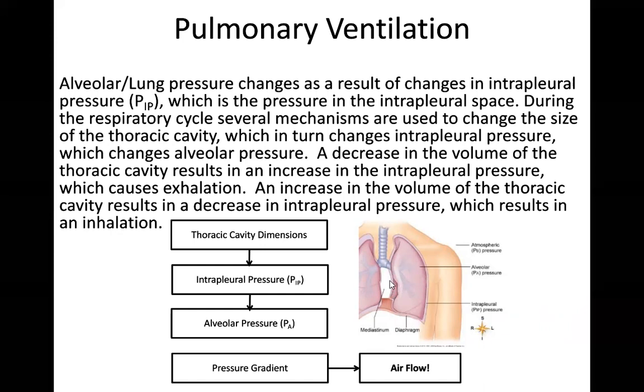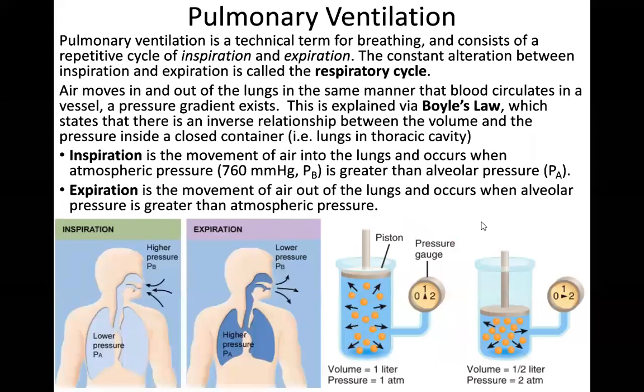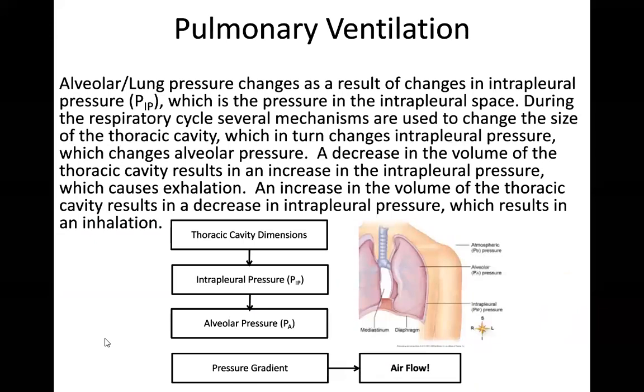So when your diaphragm contracts, you're essentially expanding and increasing the volume of your lungs. And as I just said, if volume goes up, pressure goes down. Inverse relationship. So pressure in the lungs decreases because of changes in that intrapleural pressure. Pressure in the intrapleural space. During our respiratory cycle, several mechanisms are used to change the size of the thoracic cavity, which in turn changes the intrapleural pressure, which changes alveolar pressure.